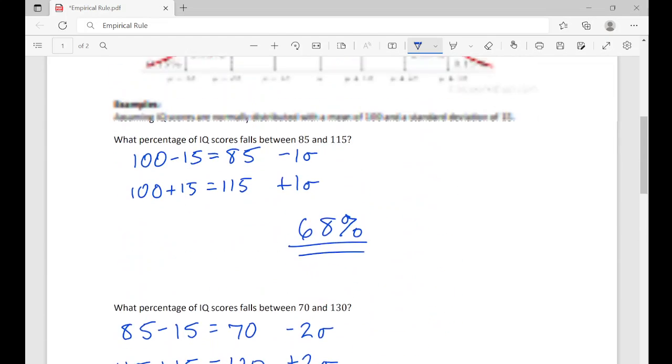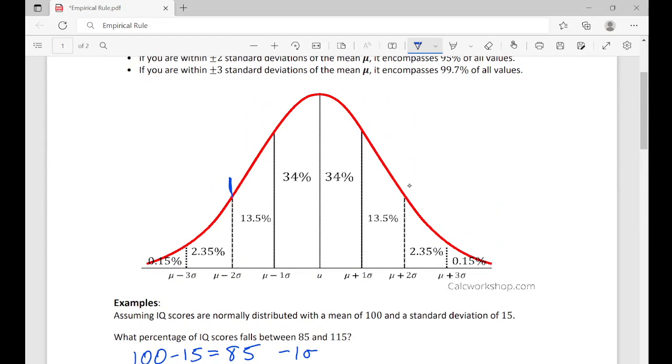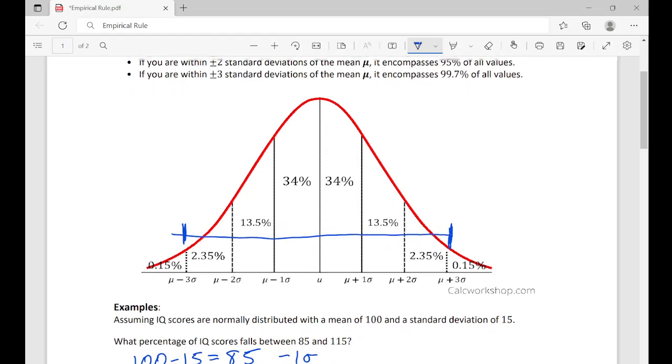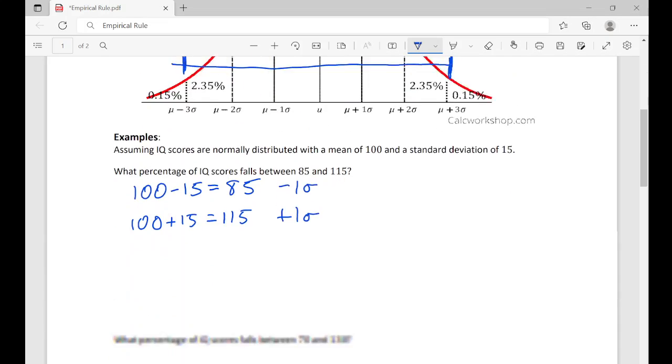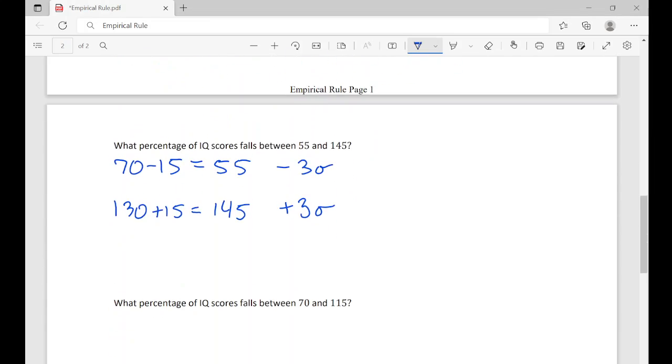So plus minus 3 standard deviations from the center. So from here to here, we can add up all the values, or again, we can just use our facts that 3 standard deviations above and below will give us 99.7% of all values. And so, what percentage of IQ scores fall between 55 and 145? 99.7%.